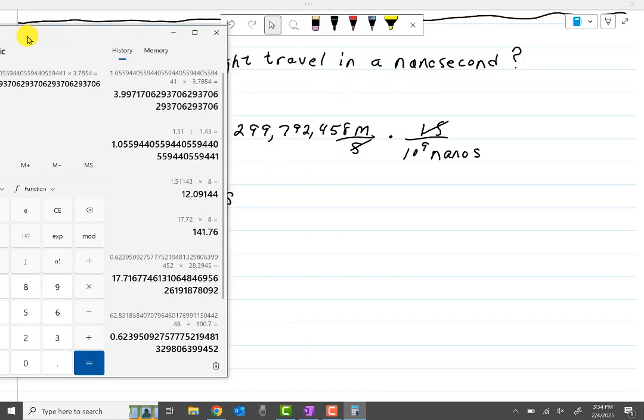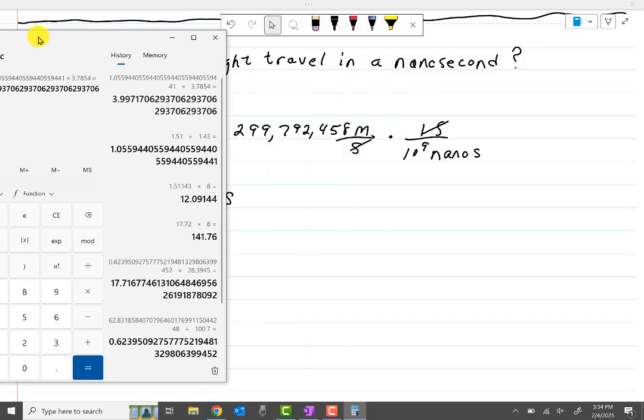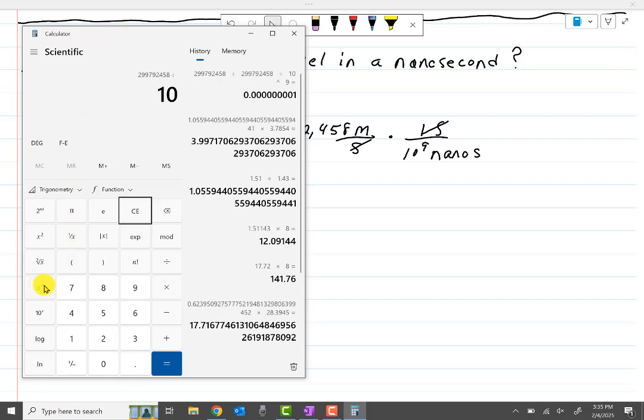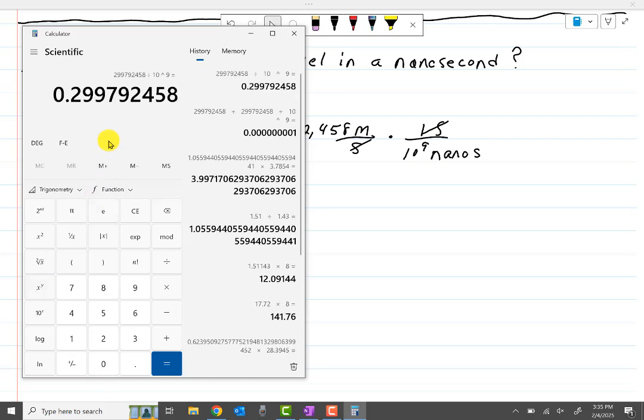Let's start again with my speed of light: 299,792,458. And we want to divide by 10 to the 9th power. So it's about, if I rounded it, rounding it to 0.3 seems completely reasonable here.